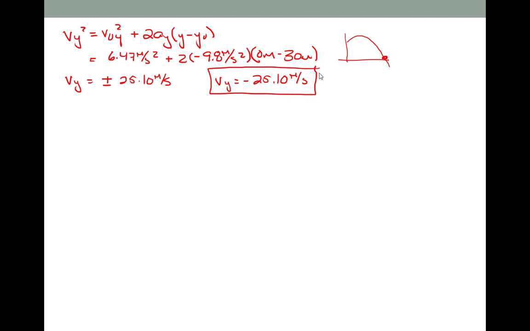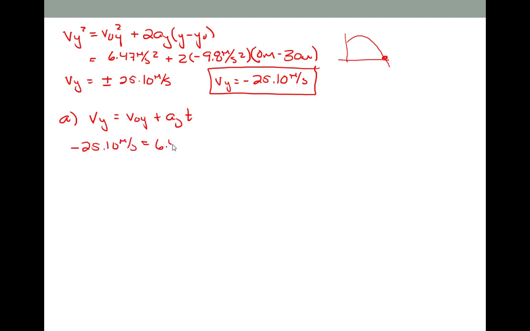Now that I know Vy, I'm able to complete part A of this question. The easiest way to do that is to use the Vy equals V naught y plus a sub y t equation. Plugging in, Vy is negative 25.10 meters per second.